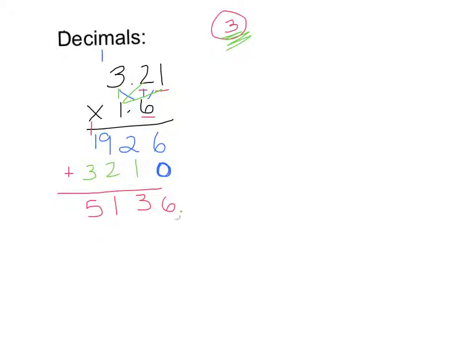Start with a decimal over here, go over 1, 2, 3 spaces. So hence my answer is 5.136. Okay, so basically here is just normal long multiplication, just with the addition of counting up the decimal spaces, and that's how many places I need in my answer for the decimals. So anyway, this is what we're going to be practicing some tomorrow. Hopefully this has been helpful for you.